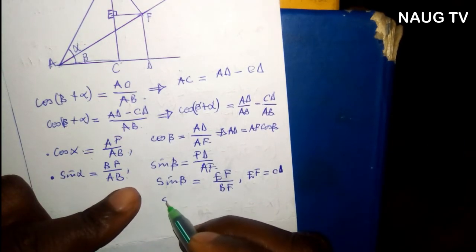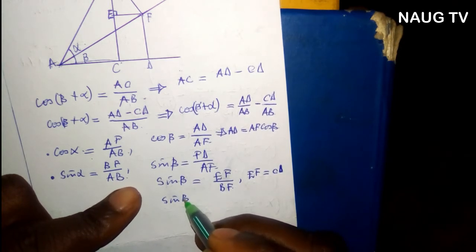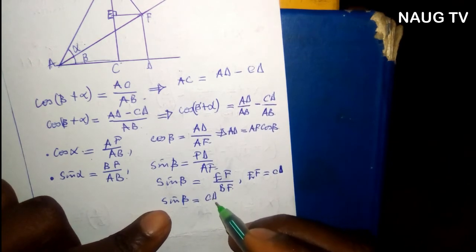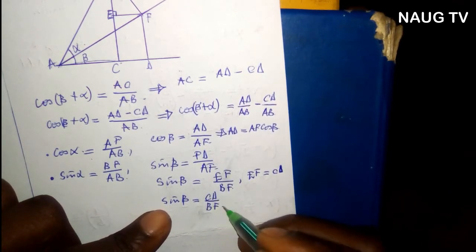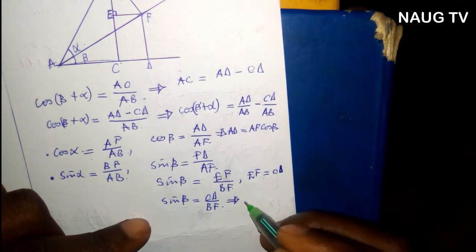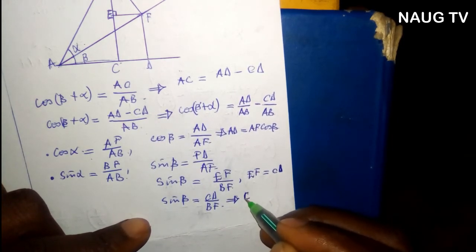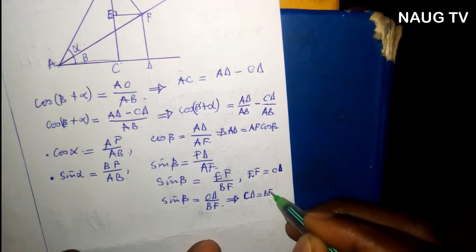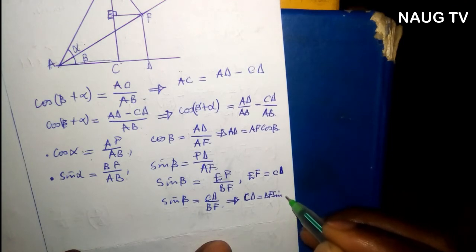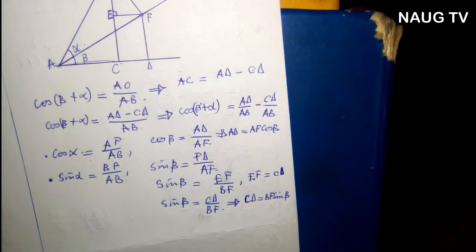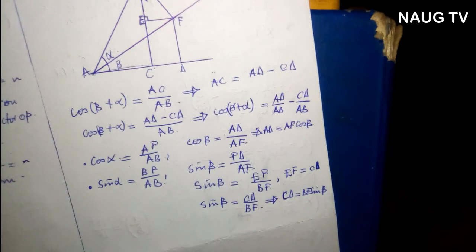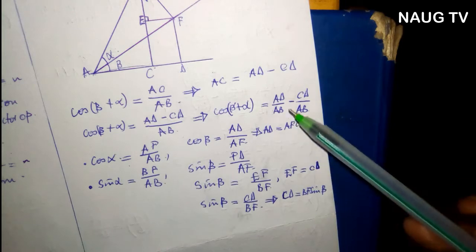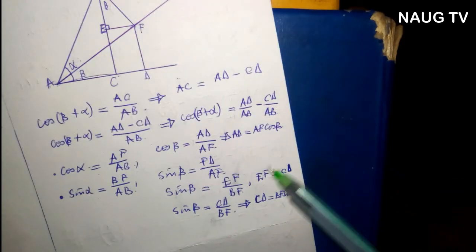So it means that sine beta would be equal to CD over BF. So this would give CD, which is equal to BF sine beta.